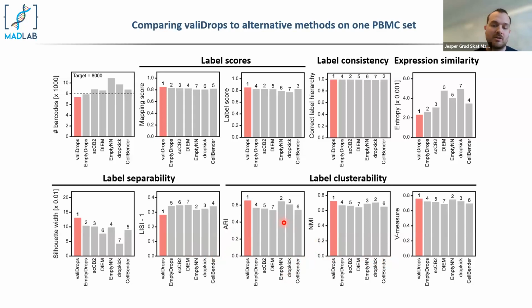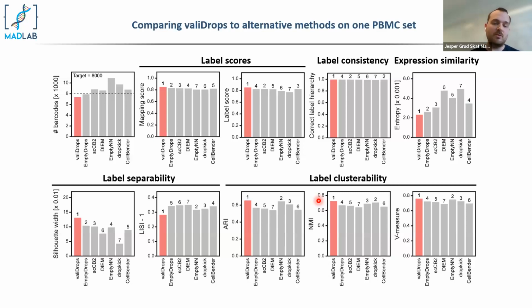Perhaps MTNN and Dropkick are doing an okay job here, but they were the ones that found the most cells and had really high expression similarity. So it seems that for this particular data set, valiDrops is doing a much better job than the alternative methods.